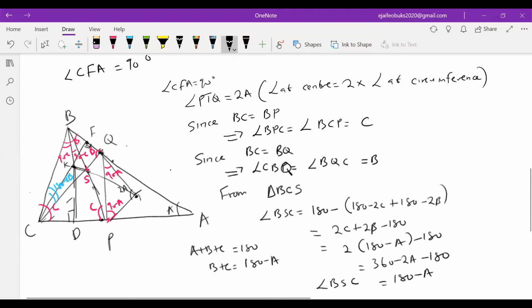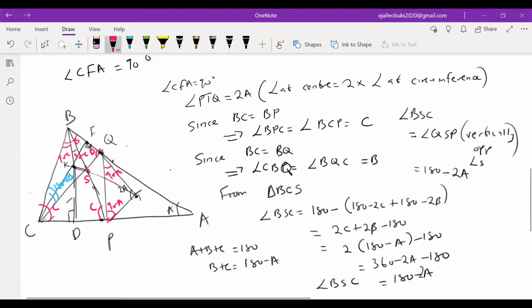You know that angle BSC is equal to angle QSP. The reason is vertically opposite angles. Let me write it out. Vertically opposite angles. So this angle QSP is equal to 180 minus 2A. Sorry, 180 minus 2A.